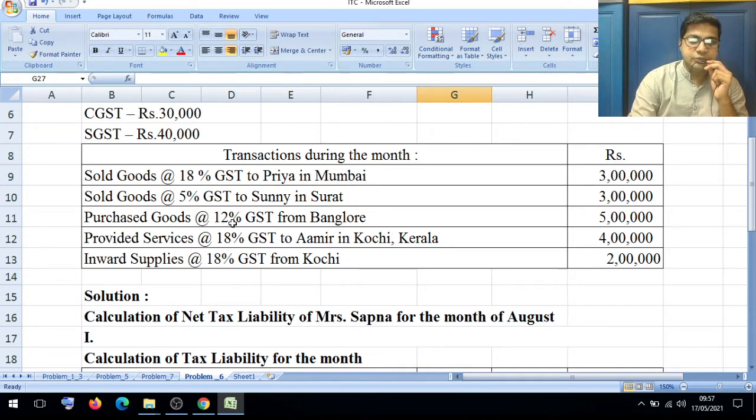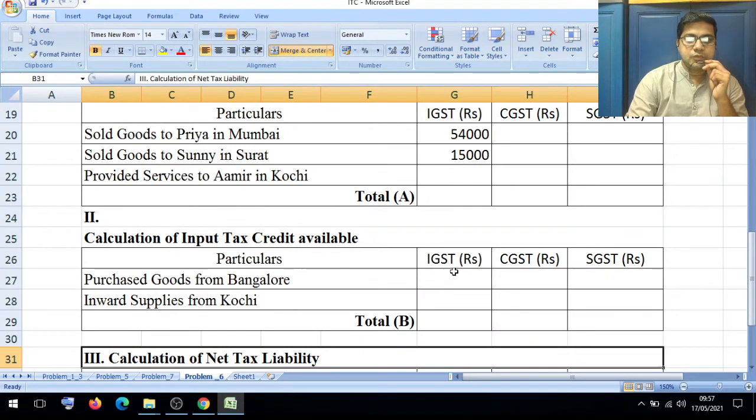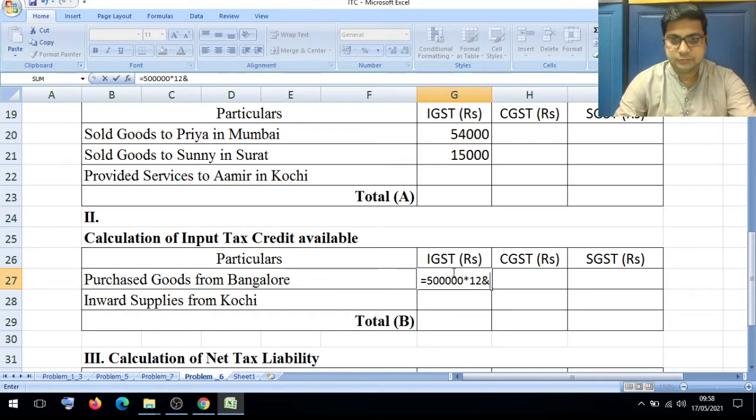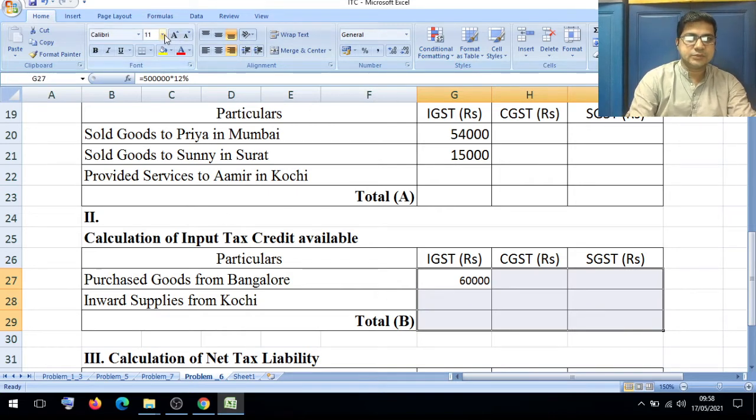On that we have to charge 12%. 5 lakhs into 12% is 60,000. This value of tax, we can say, is the tax liability of 60,000 at the time of purchases.